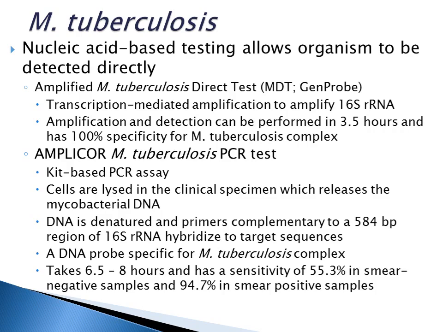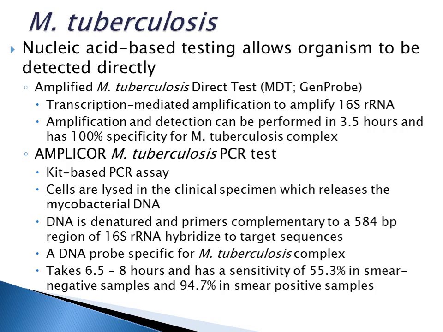complex. There's also the AmpliCore Mycobacterium tuberculosis PCR test, which is a kit-based PCR assay. Your cells are lysed in the clinical specimen to release your mycobacterial DNA. The DNA is then denatured. Primers that are complementary to a 584 base pair region of the 16S ribosomal RNA hybridize to your target sequence so that you get your amplification.